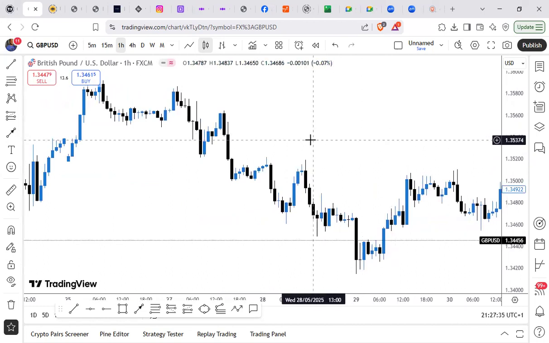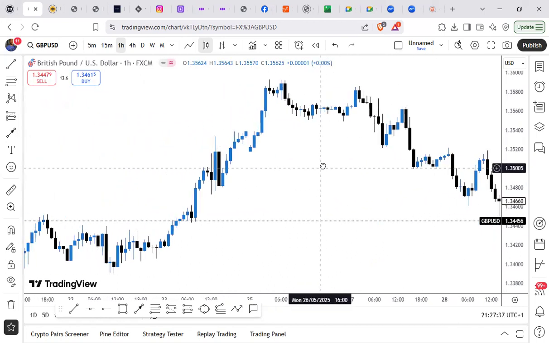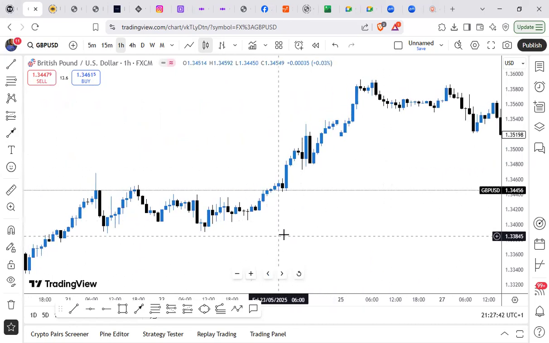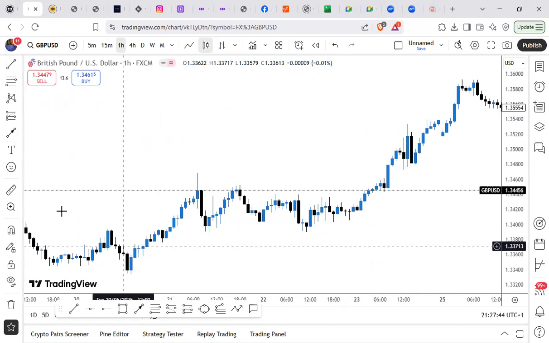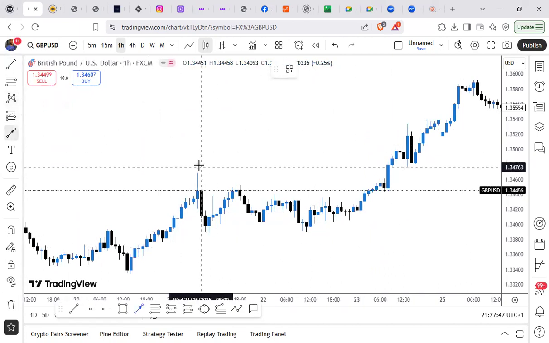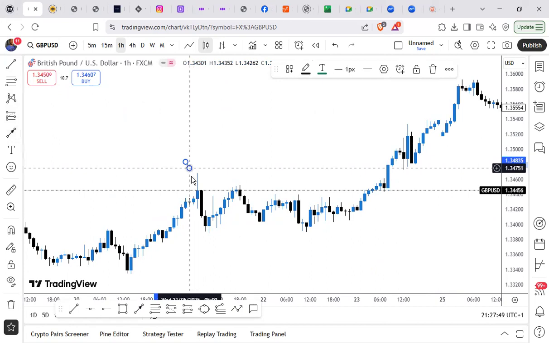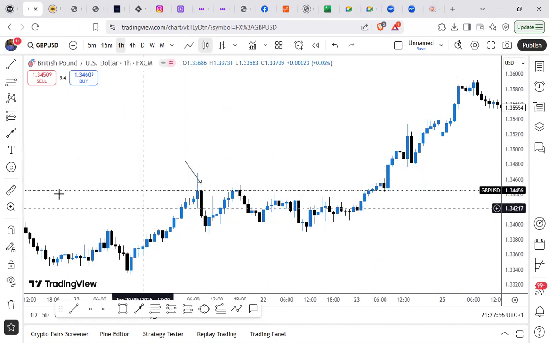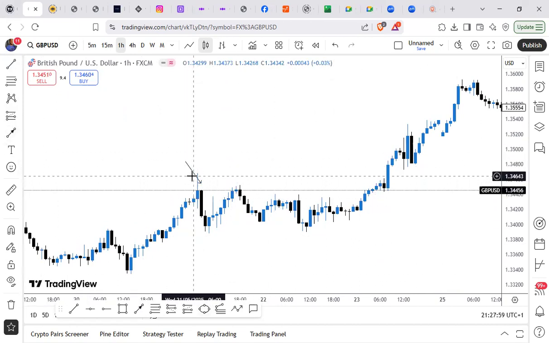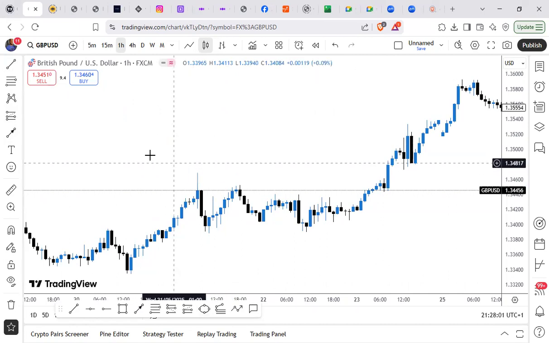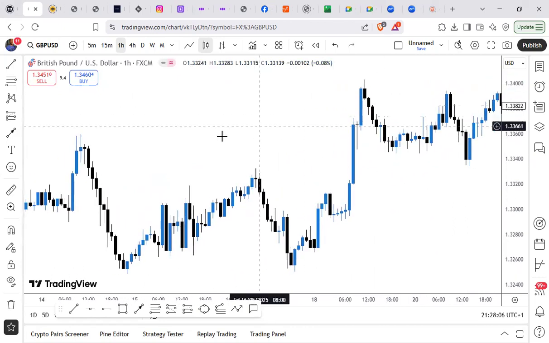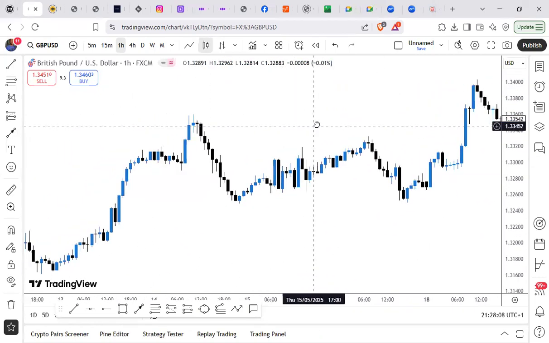The moment you open the chart, you are going to start seeing all these patterns one by one. It will just be obvious straight away. What is this one here? Bearish engulfing. That's nice.